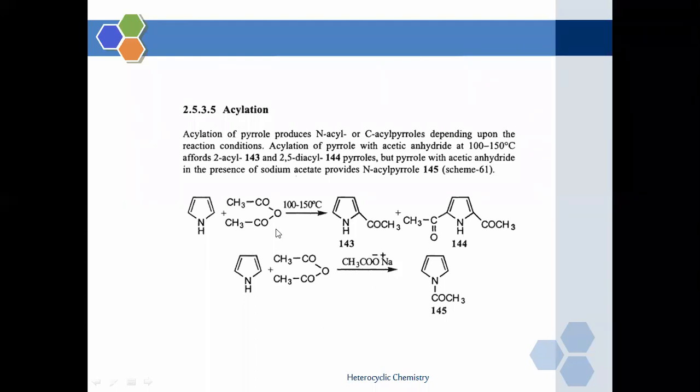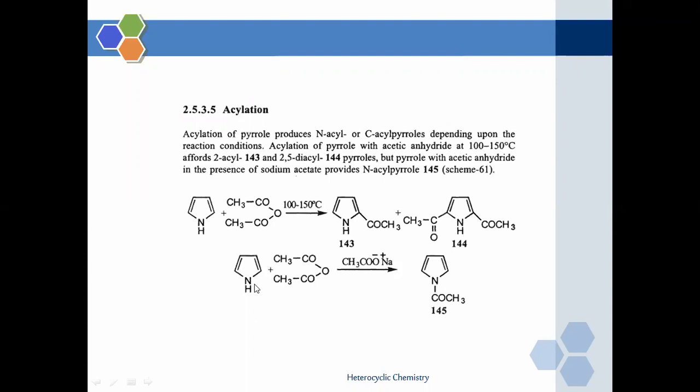Acetic anhydride at 100 to 150 degrees centigrade, pyrrole will form the C-acylation product, and the N-acylation product will be formed when we use the presence of acetate buffer. What is acetate buffer? Acetic anhydride in the presence of sodium acetate will give the N-acyl product under the acylation reaction.